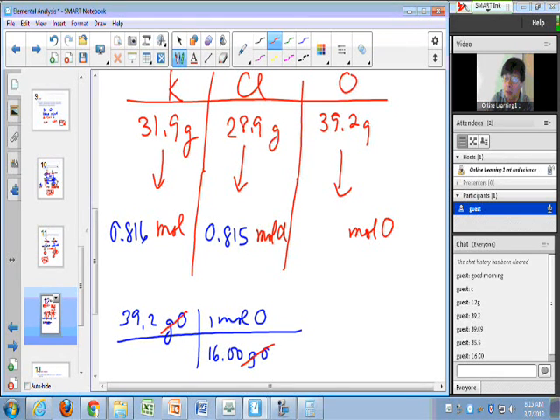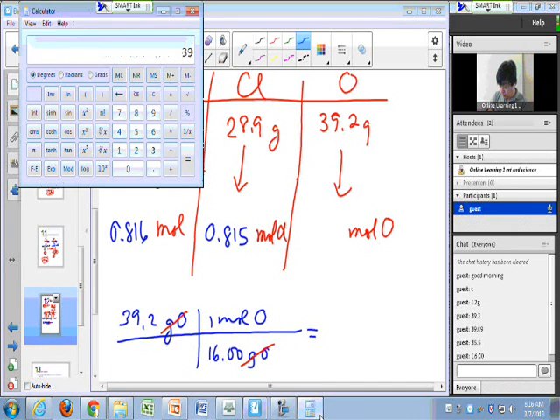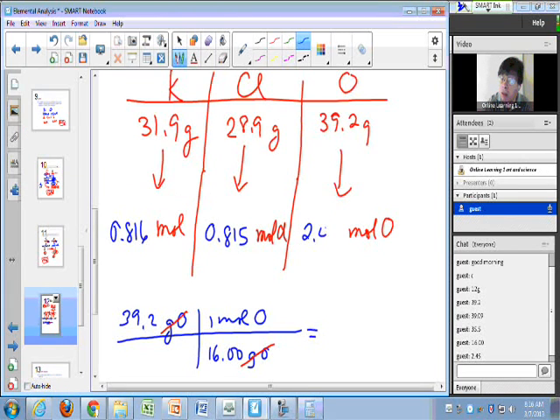So what's 39.2 divided by 16? That's 2.45. Good. Okay. 2.45 moles.